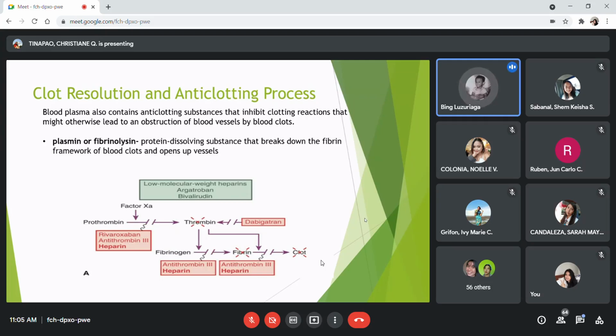So again, with vessel injury, platelets adhere to the rough surface and there will be plugging of the injured vessel wall. It will not continue to bleed because it is plugged by the platelet accumulation. After which there will be activation of your prothrombin to become thrombin. Now this thrombin will catalyze the activation of your fibrinogen to become fibrin.